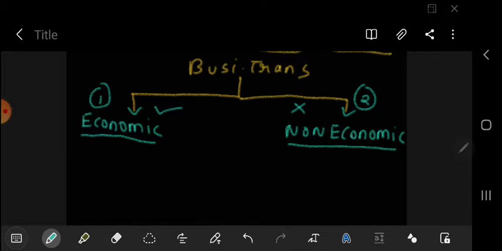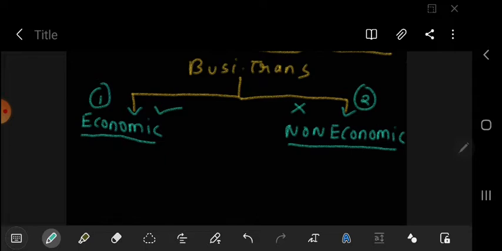In the first chapter we have discussed that the transactions in which there is exchange of money, which means the transaction happens by the medium of exchange as money, are termed business transactions. All the business transactions which are done with the help of money as a medium of exchange are recorded in our bookkeeping or accountancy.